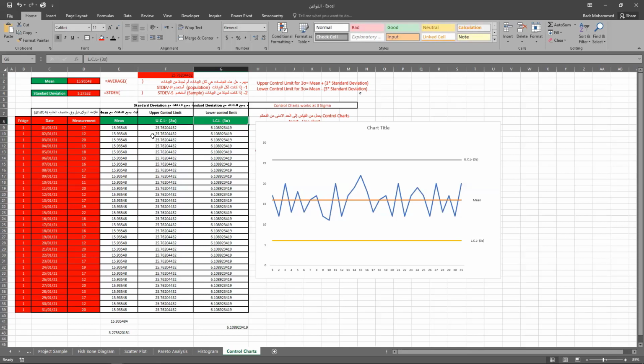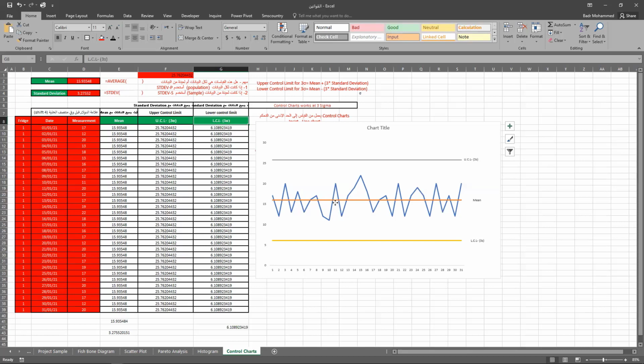For example, you remember we gave an example of the heart rate. If your heart rate goes up and down, suddenly goes up, which is a special cause variation, that means this patient is having a difficulty, so you need to call the doctor right now.